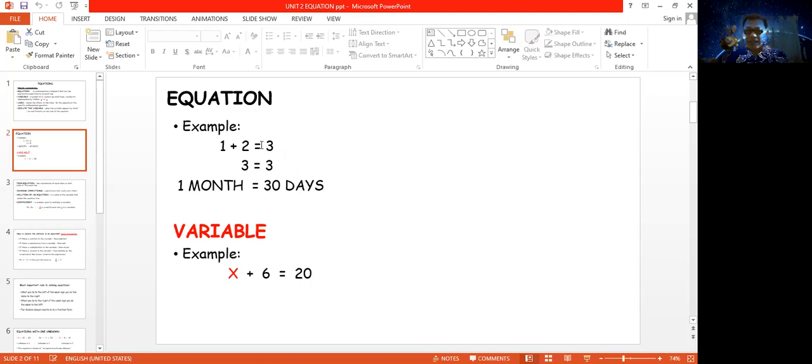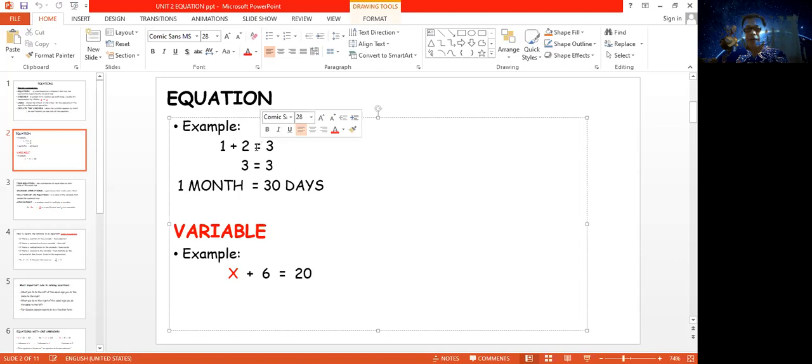If we have 1 plus 2 equals 3, meaning on the left side, if we sum it up, it's 3, and the right side is also 3. This is called a true equation, meaning it is correct.